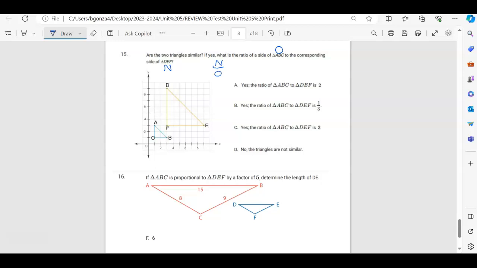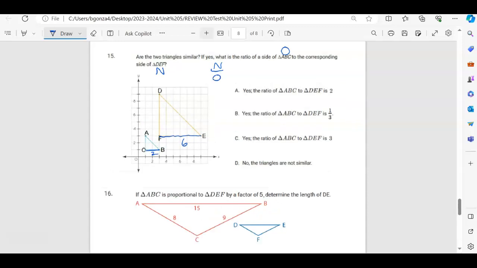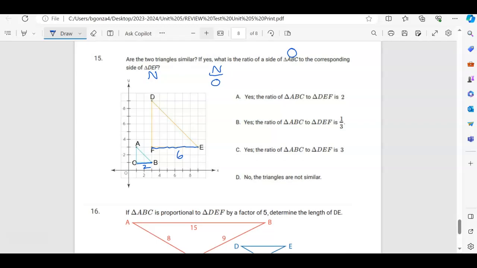Let's count some side lengths of FE, 1, 2, 3, 4, 5, 6, and CB, which is 2. So if I'm doing new over original, the new one is DEF, so FE is 6. And then the original is ABC, so CB is 2, 6 over 2 is 3. Our scale factor, our ratio from ABC to DEF has got to be 3.